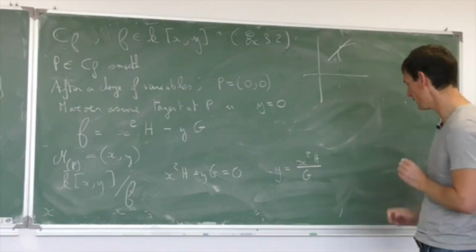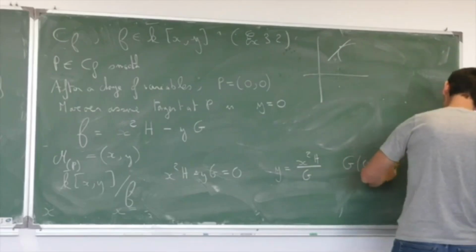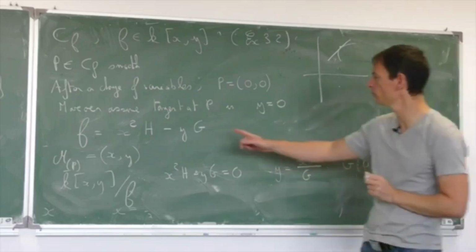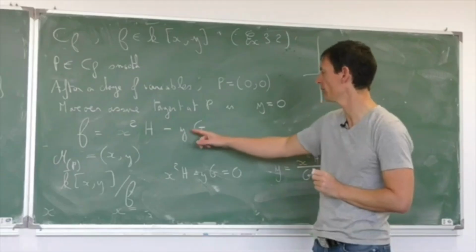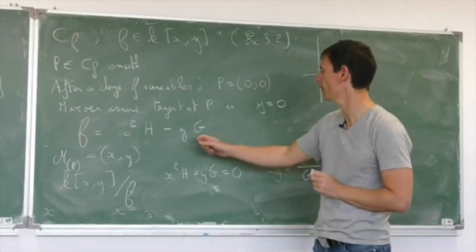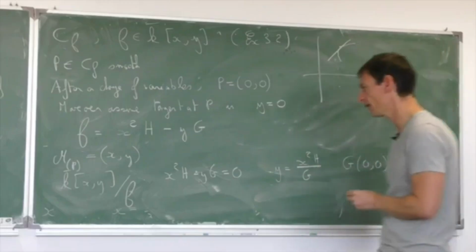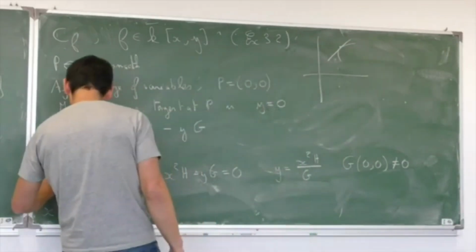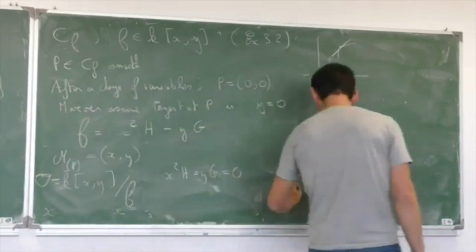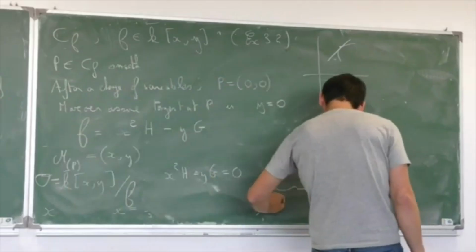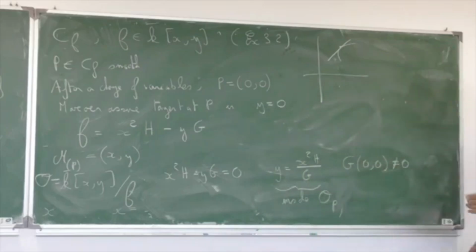But g at 0, 0 cannot be 0, because otherwise y would not be the tangent. If you compute the derivative, g at 0, 0 can't be 0. So if g at 0, 0 is not 0, I can invert it inside this ring O, and so this expression is inside O of P. And I'm done.